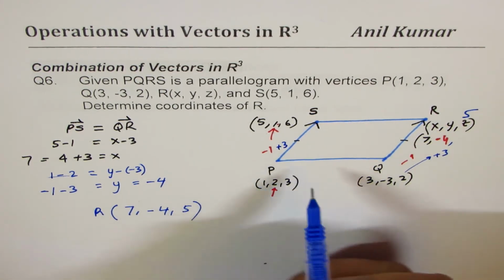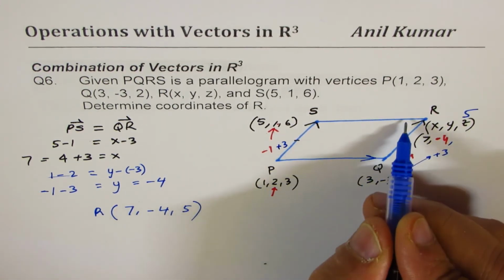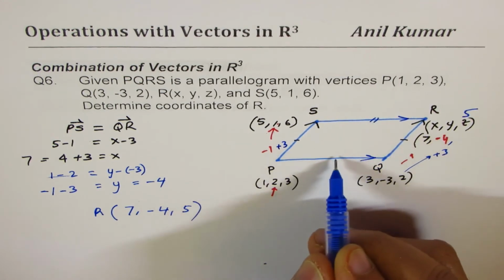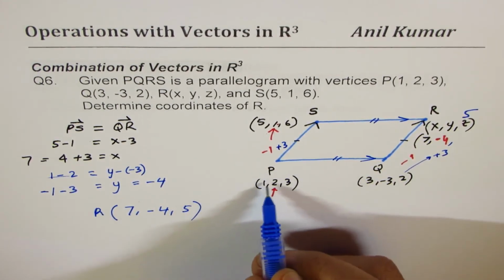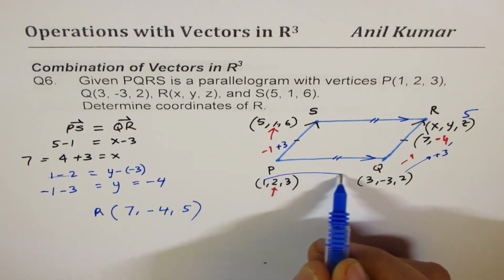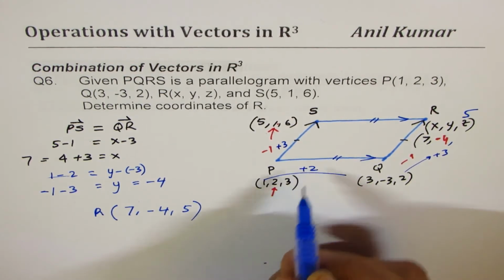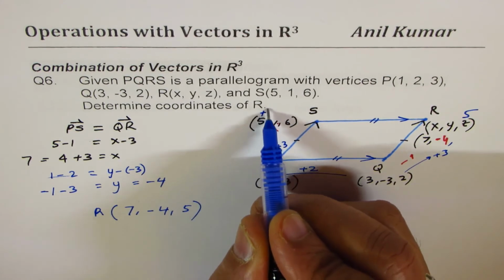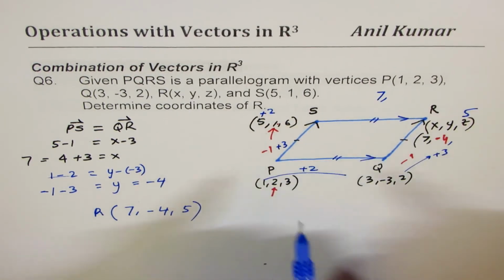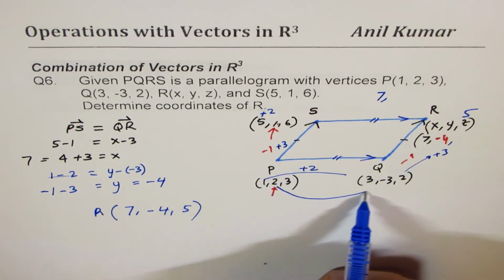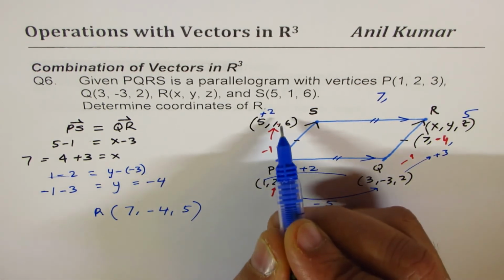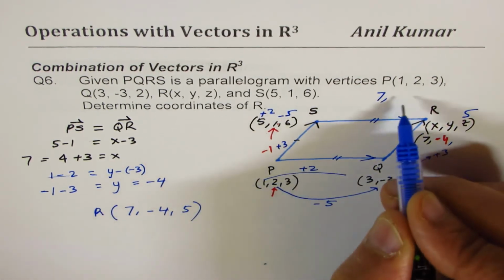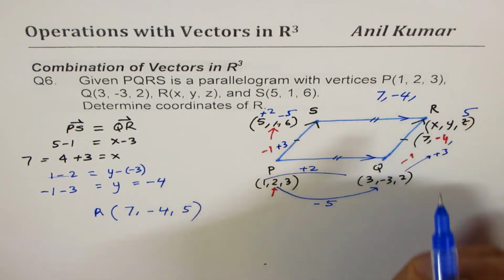So if I'm going from P to Q, I know that these sides are also equal, parallelogram, right? So when you go from here to there, 1, 2, 3, you are adding 2, correct? So if I add 2 to 5, I get 7. If I'm going from 2 to minus 3, I'm doing minus 5. So let me do minus 5 here, so I get minus 4.